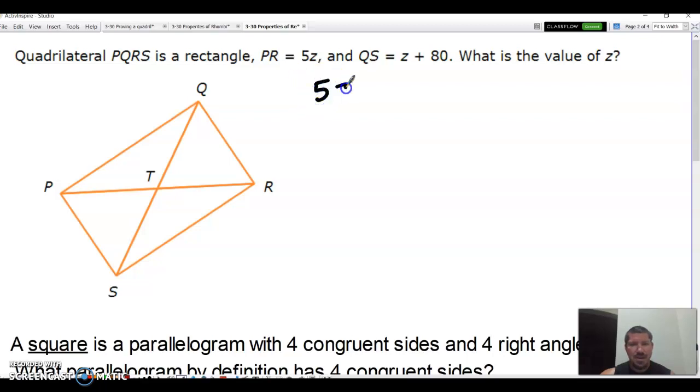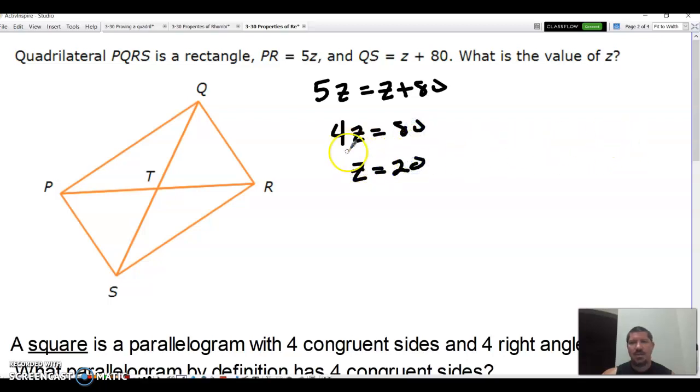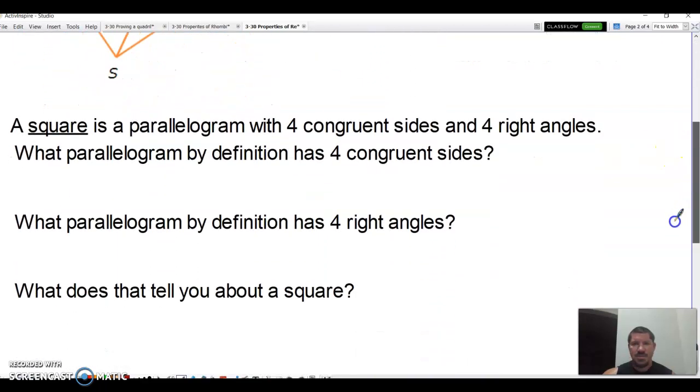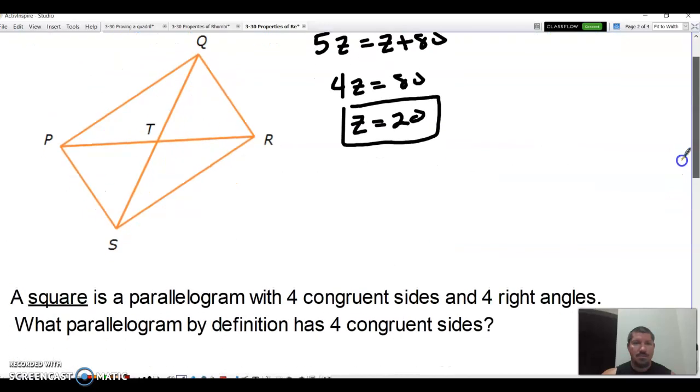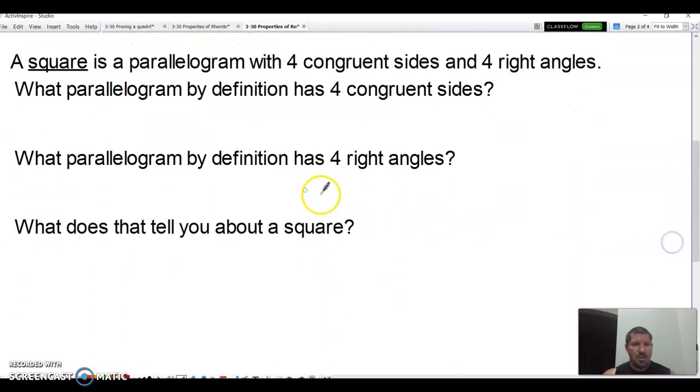So that means 5Z is equal to Z plus 80. Subtract Z, that gives me 4Z equals 80. Divide by 4, Z is going to be equal to 20. Again, I'm going to say be very careful.